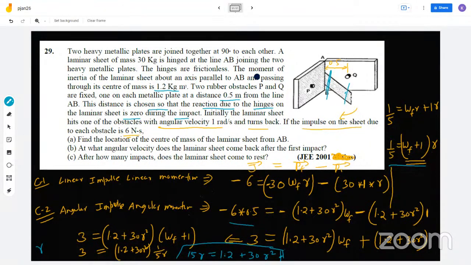For 0.4, it is coming out to be negative. Okay, okay, fine. So one solution gives a negative omega, therefore we are rejecting it.